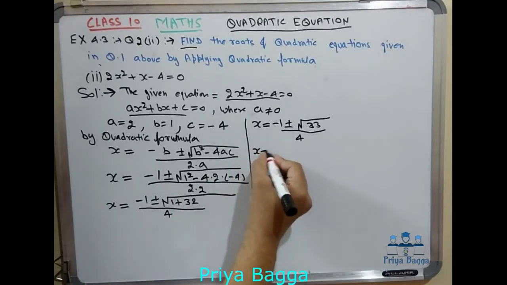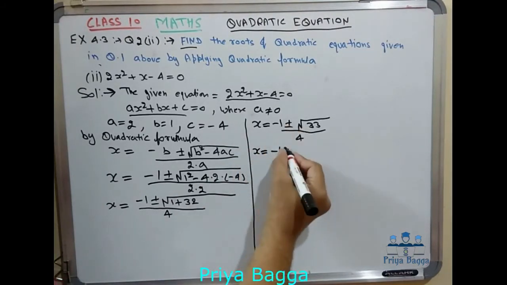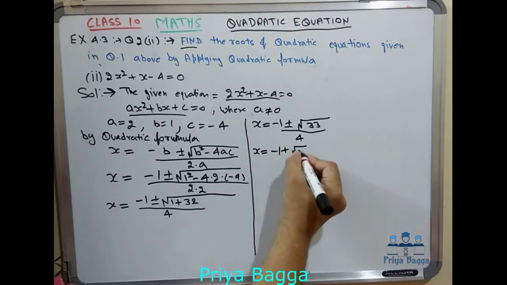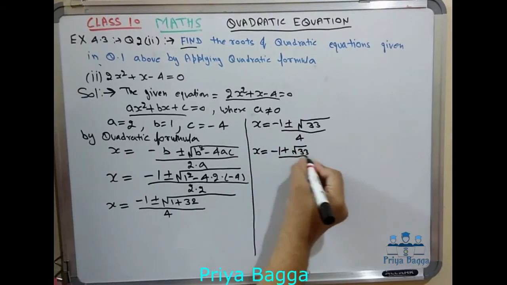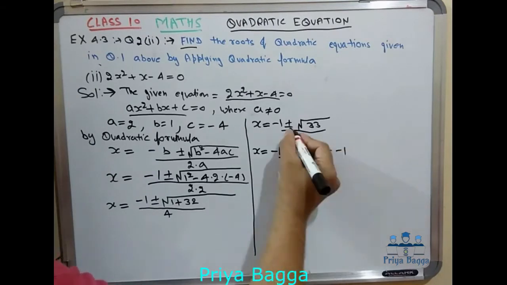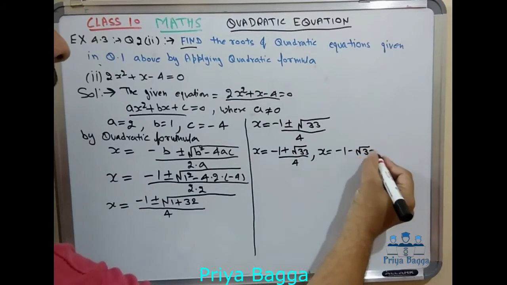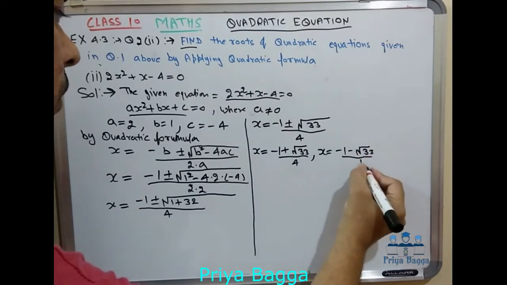The first value we will find by using this plus sign: minus 1 plus square root of 33 over 4, and the second value will be x is equal to minus 1, we will use this minus sign, so minus square root of 33 over 4.